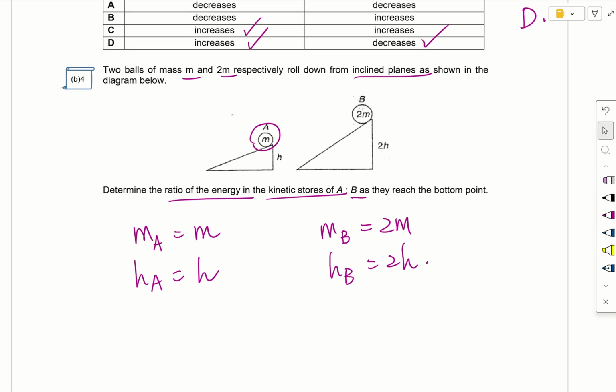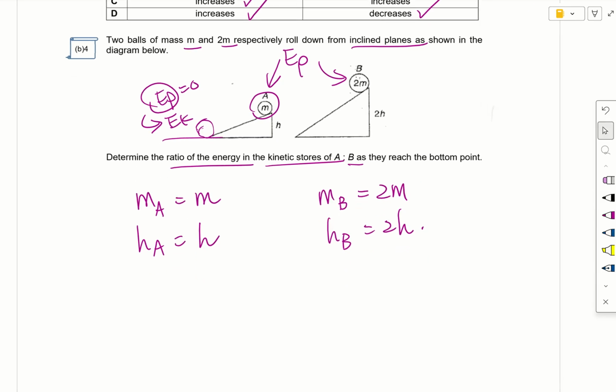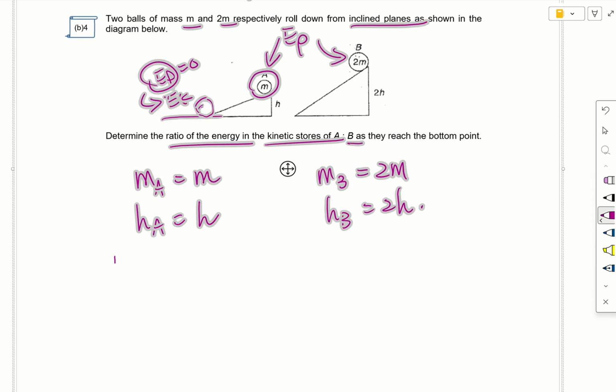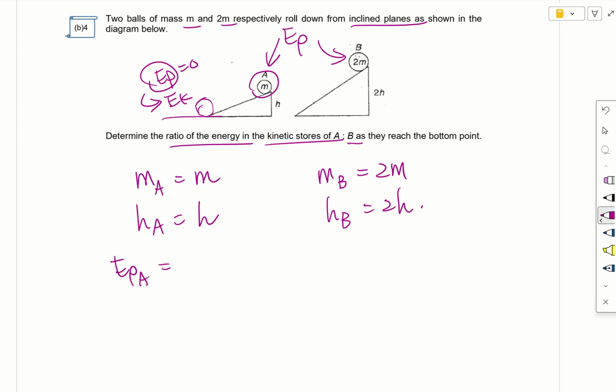Okay, so initially at this height, it has energy in the gravitational potential store. But as it goes down to the ground over here, because it has 0 height above the ground, the EP becomes 0 and the original EP will be transferred to the EK. So we can actually calculate the energy that it has at the top. EP of A equals mgh.